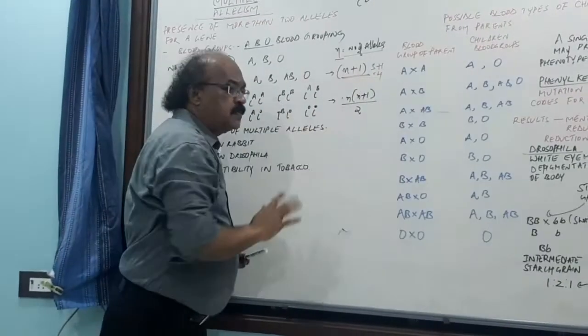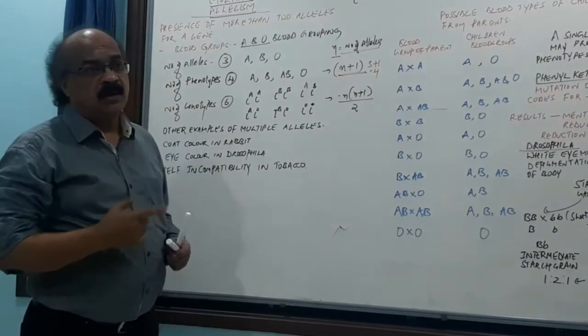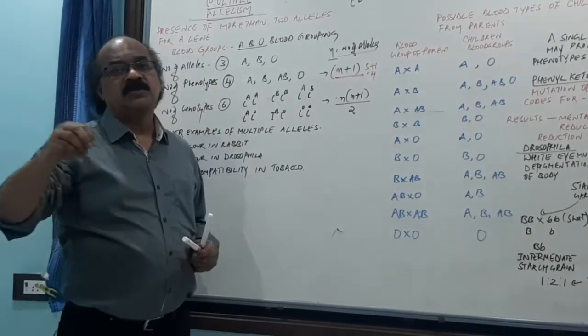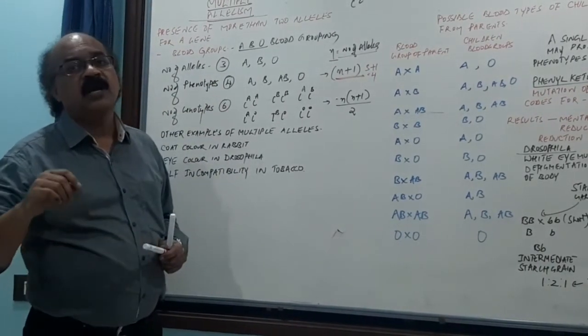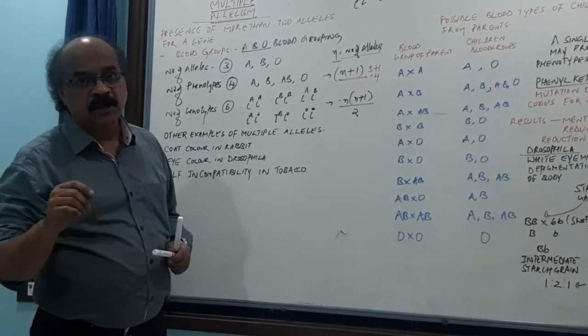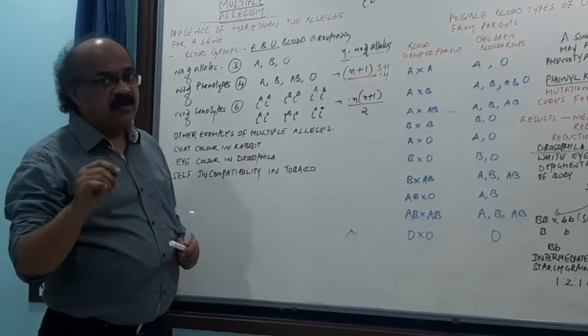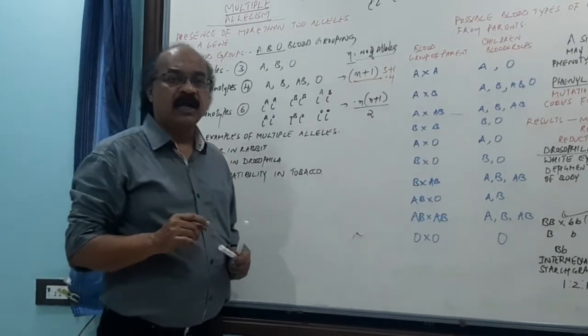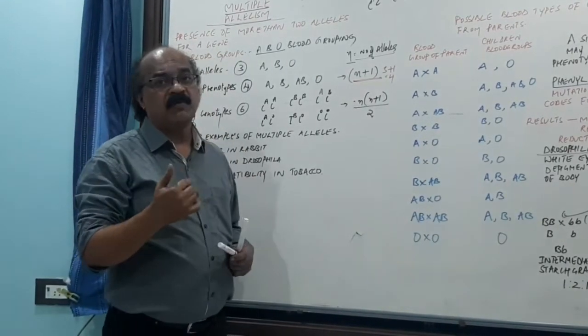Not only for blood groups, in the examination we may get some problems. In so and so case, so and so number of alleles are present, how many phenotypes are expected, how many genotypes are expected. For the calculation of phenotypes, n plus 1. For the calculation of genotypes, n into n plus 1 by 2.